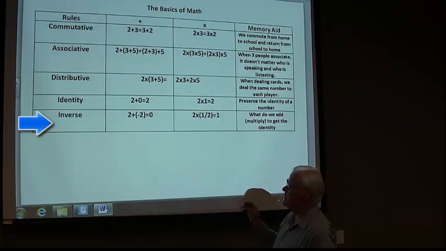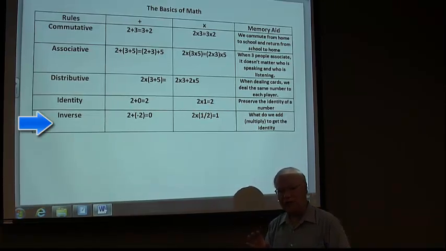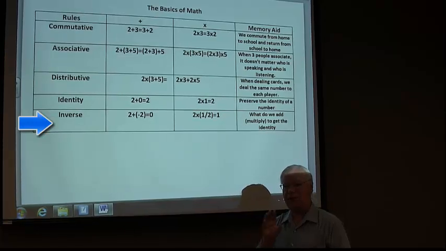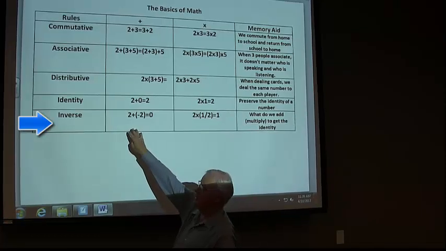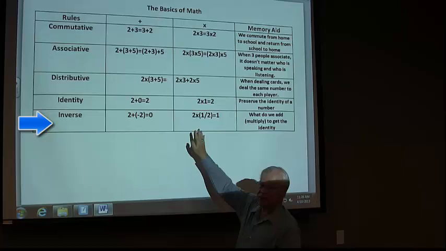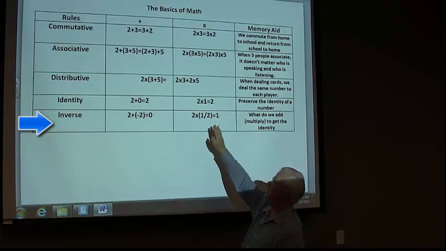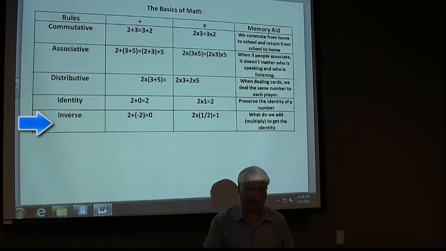So in both cases, the inverse of a number is that quantity which gives you the proper identity. In addition, the inverse of a number is the number that gives you 0. In multiplication, the inverse is the number which gives you 1. And that's where division comes in.